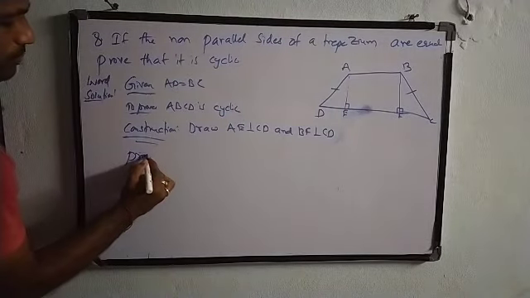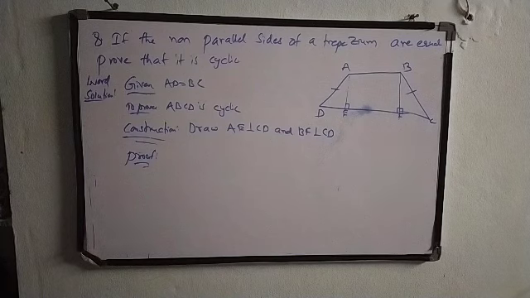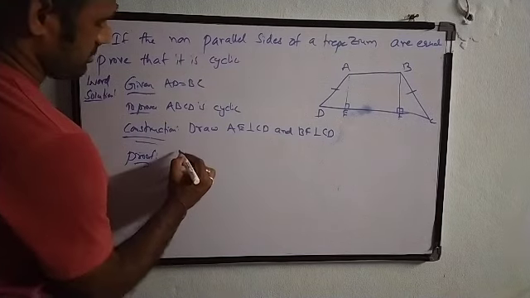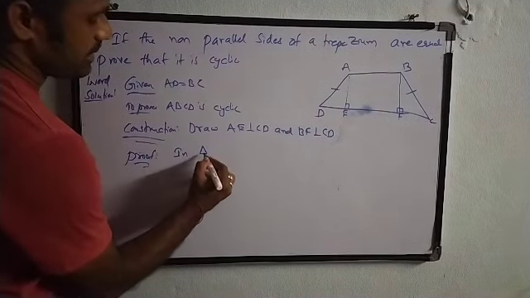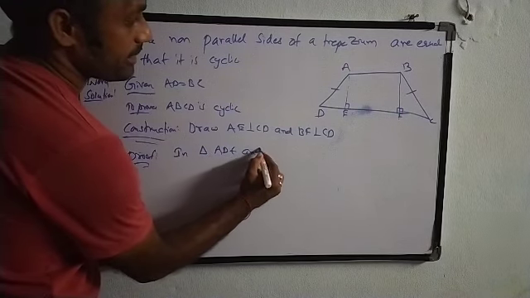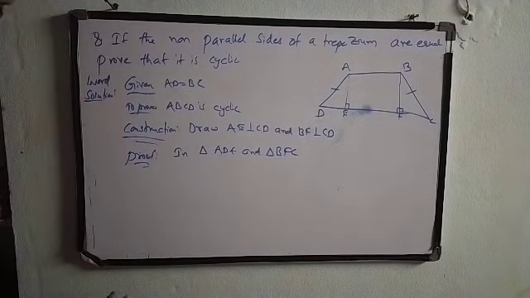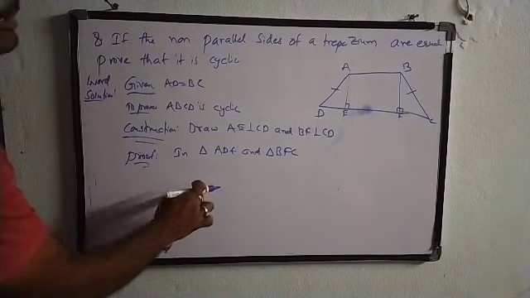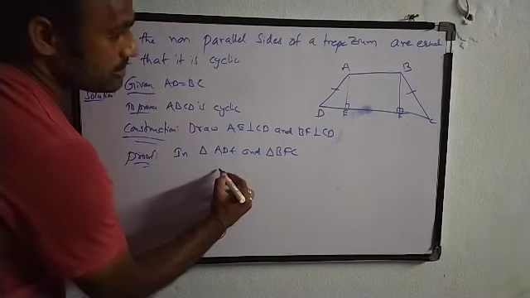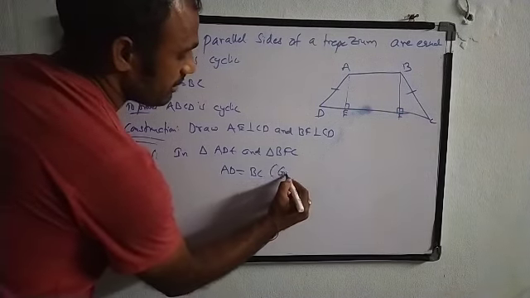So let us start doing the proof. In triangle ADE and triangle BFC, AD is equal to BC, it is already given.